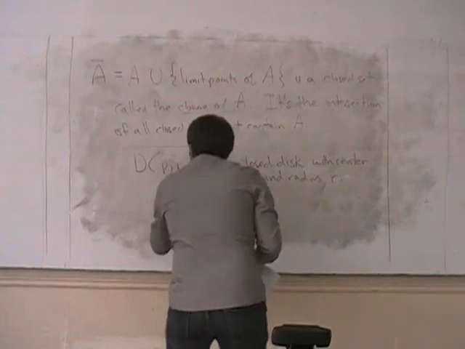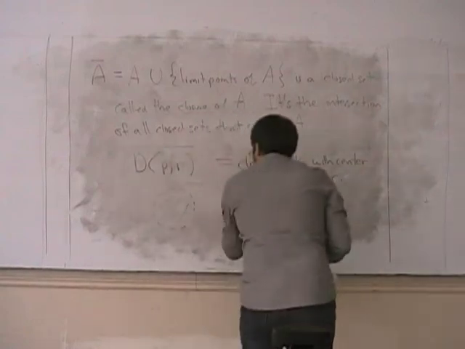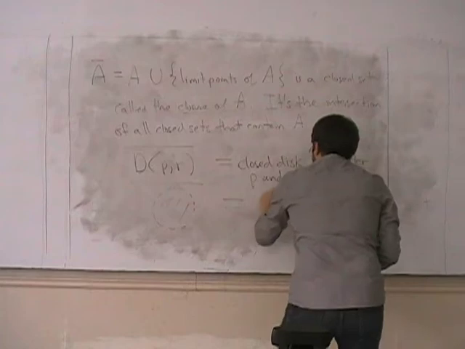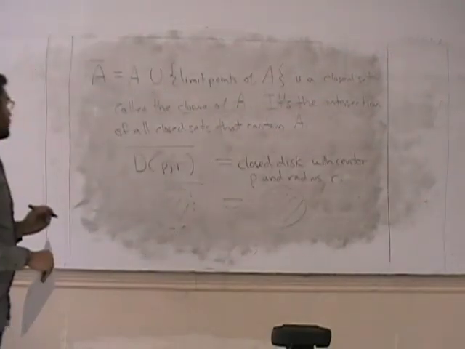So the closure of an open disk is the closed disk. It contains the points on the circle.